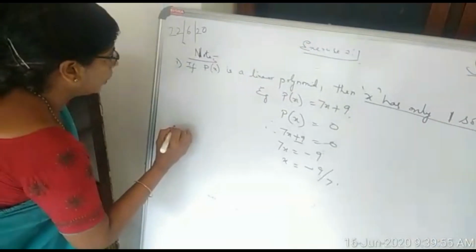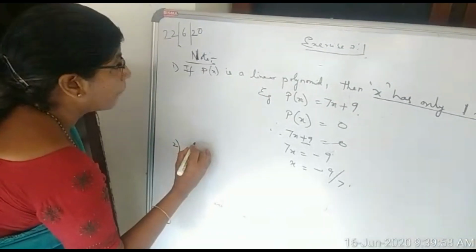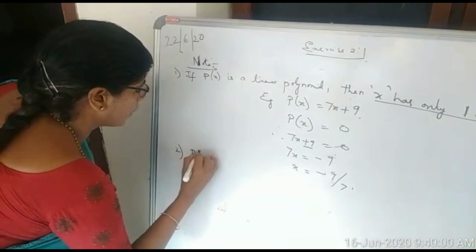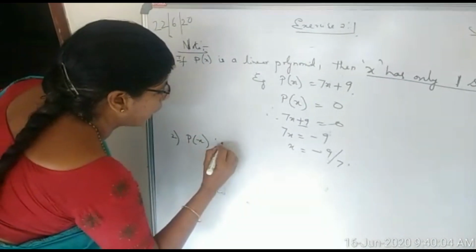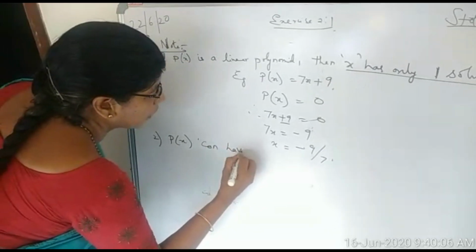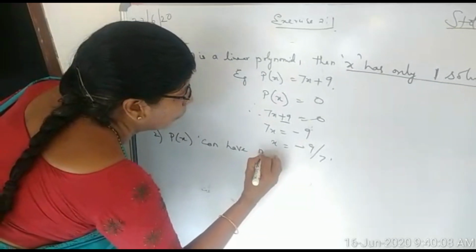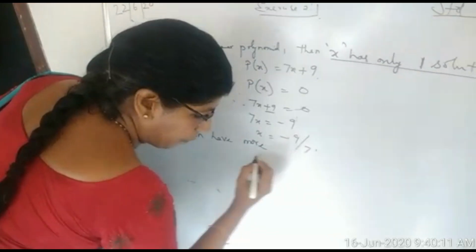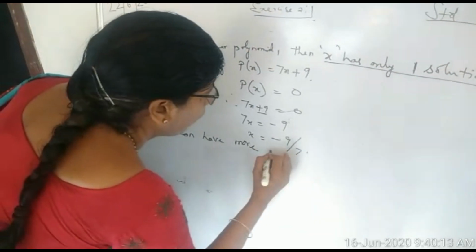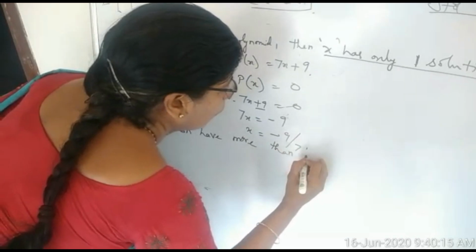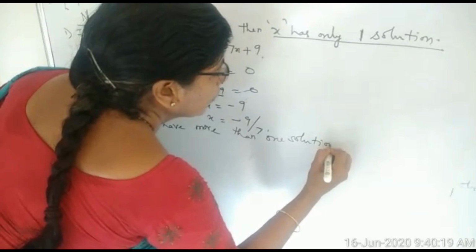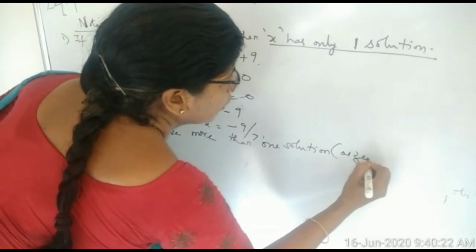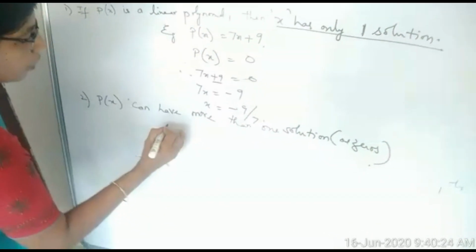Second one. P of x can have more than one solution or zeros.